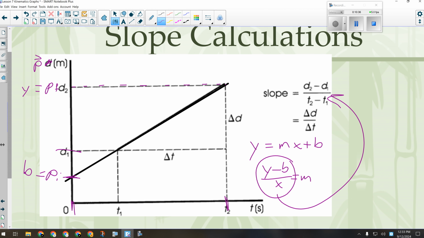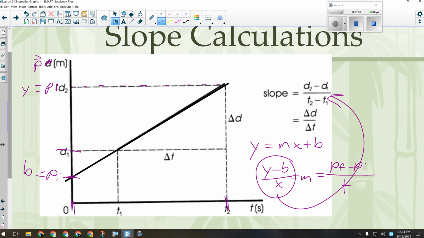Why? Because if I go y minus b, what I'm doing is going final position minus initial position, and then I'm dividing it by x. What's on the x-axis? Time. I'm pretty sure I've seen that formula somewhere before.